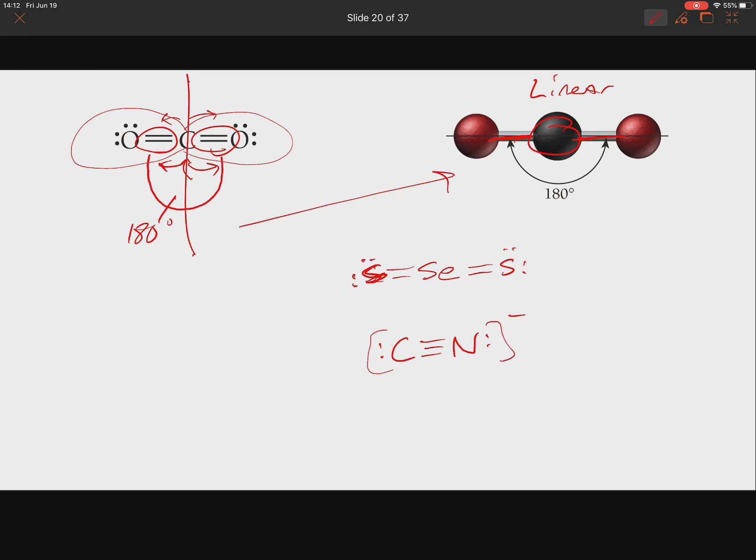In this case, there's no center atom, but no matter which atom you look at, they have 2 electron groups, a lone pair and a triple bond. A triple bond counts as 1 electron group just like a single bond would count. Let's see, are there any other linear molecules that I can think of off the top of my head? There are linear molecules that don't necessarily only have 3 atoms in them, but we won't go into any of those in this class.